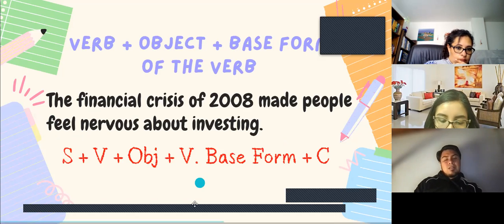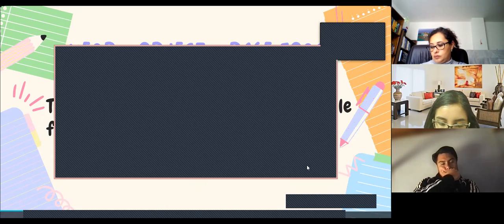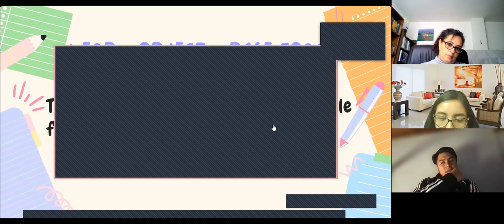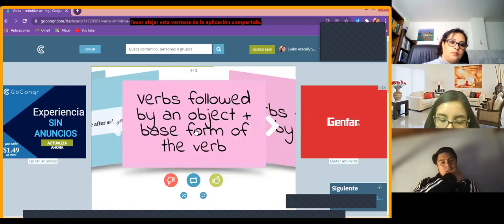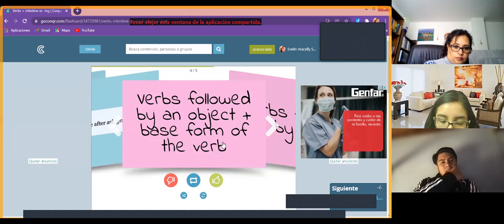So now again, I am going to share with you another flashcard with some verbs that are followed by an object and the base form of the verb. So let me share. Okay, so verbs followed by an object plus base form of the verb.